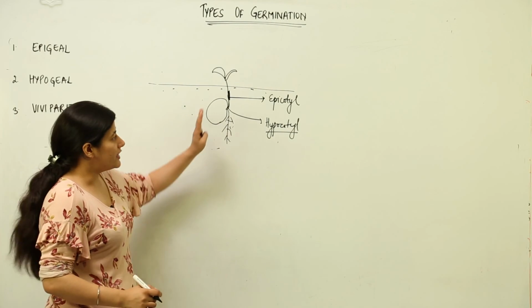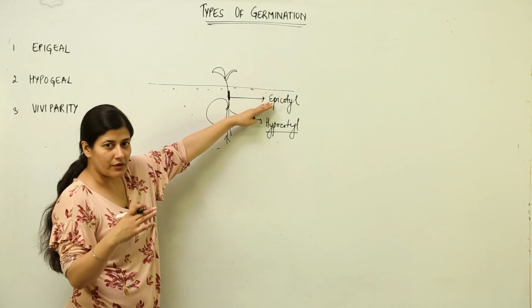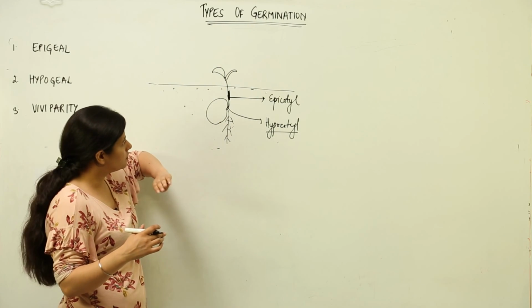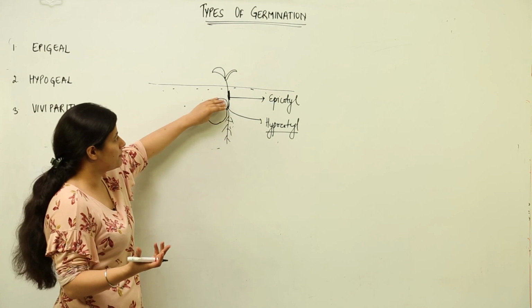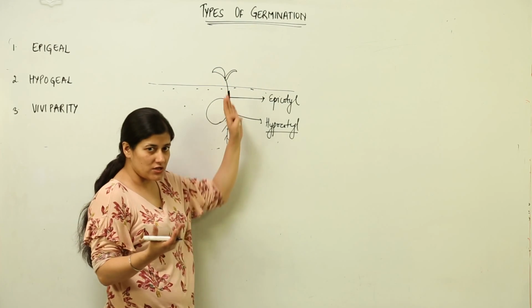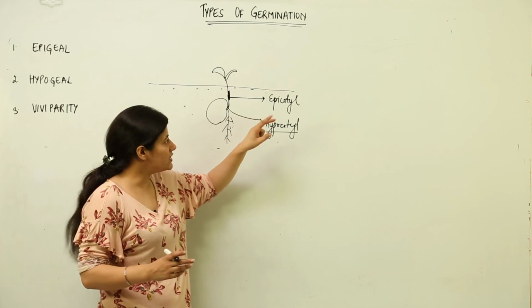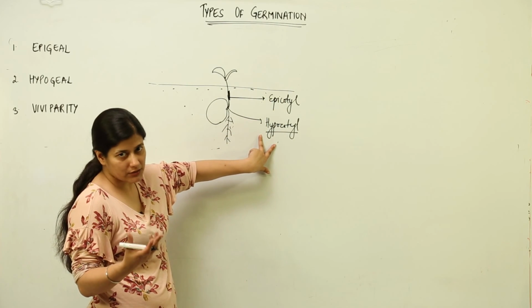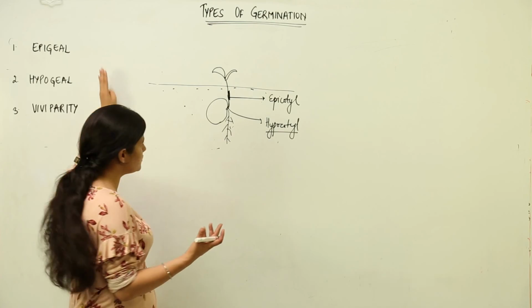Depending on whether it is the epicotyl that is growing and giving rise to the shoot, with the shoot length increasing, or the hypocotyl growth that is responsible, we have two types of germination.